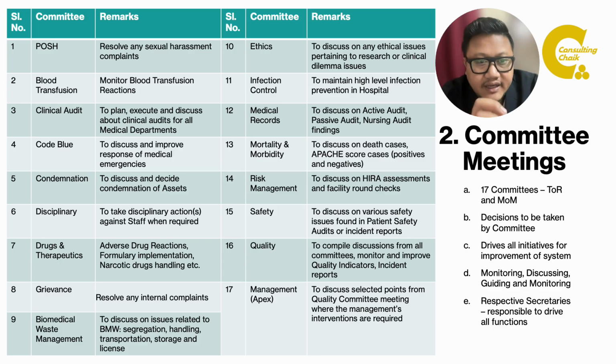The quality committee's meeting is to basically compile all those points and then select points where the management's intervention is required. And then the quality team presents it in the management committee or the apex committee. So this is how the whole committee work functions.